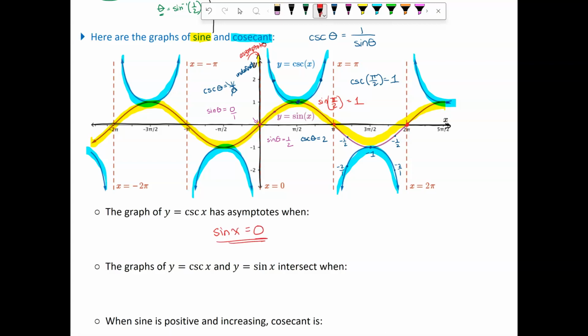Okay, that happens because when we do the cosecant of the same value, we can't go 1 over 0, which is therefore undefined, which is why we have those asymptotes. Okay, so vertical asymptotes.